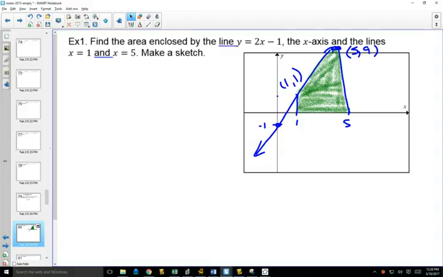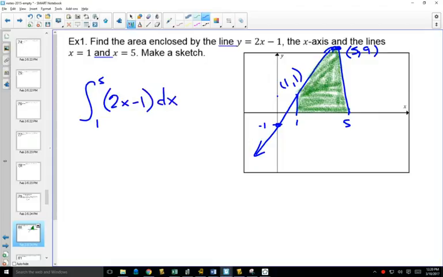Okay, so we have this picture drawn. What does this mean? This means that we are going to integrate from 1 to 5 of 2x minus 1 dx. So to find that area under that curve, we just integrate this.